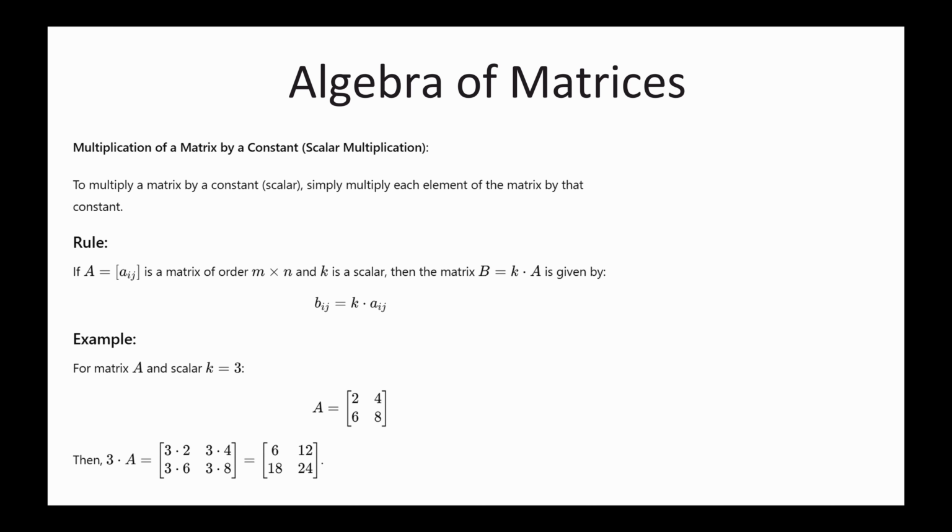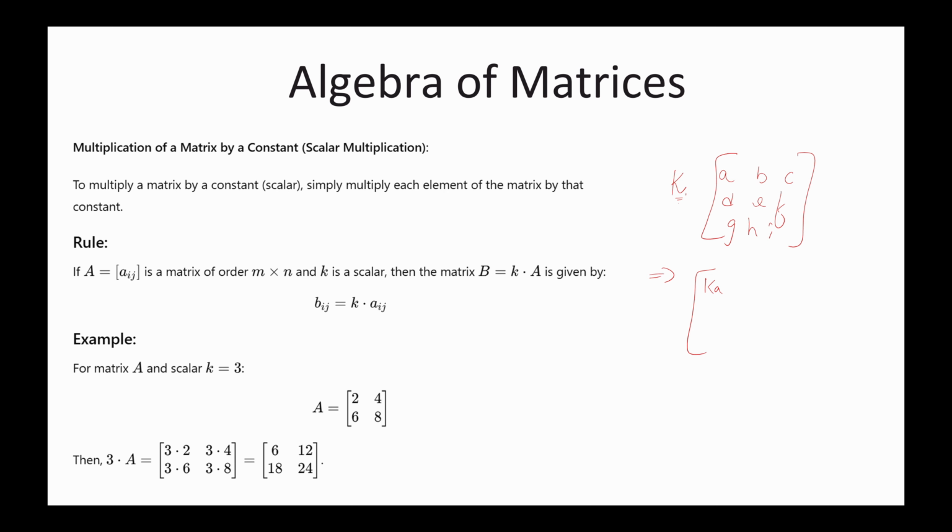Now talking about multiplication of a matrix by a constant. Now let's say I have a matrix A, which is a, b, c, d, e, f, g, h, i. Let's say this is my 3 cross 3 matrix, and I multiply this with a scalar constant k. Then what would be my resultant matrix?